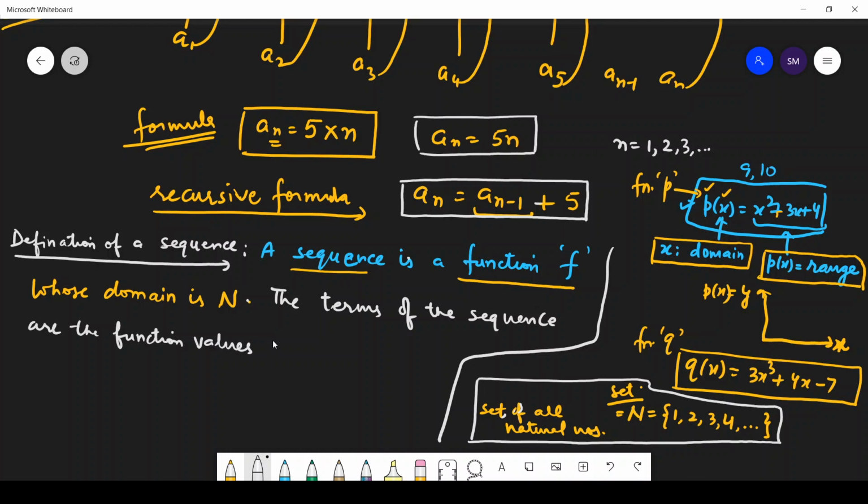We also call them the range of the function. These function values, we call them range.